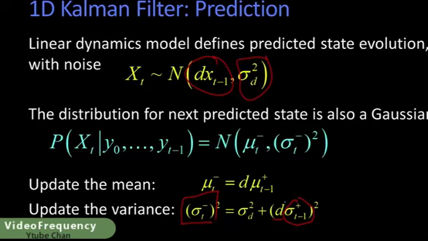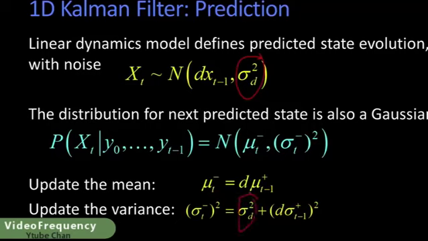We're multiplying everything by d, so we multiply that variance by d squared. That's what this term over here is. And then we added in some more noise because of uncertainty of how the thing actually moved. That is this second term. So even if we were multiplying by a 1, our variance would still grow because of the added uncertainty.